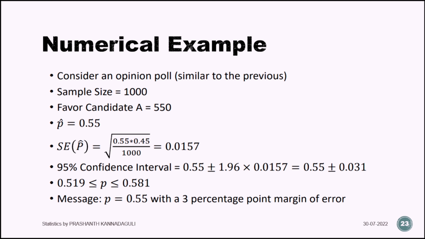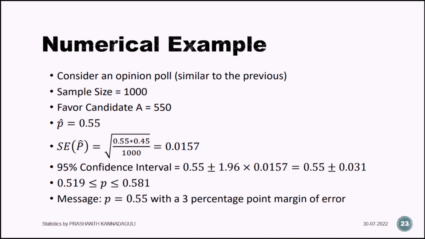So 550 of them say that they have voted for candidate A. So the fraction in this particular sample I obtained is 0.55. From that I can directly calculate the standard error.